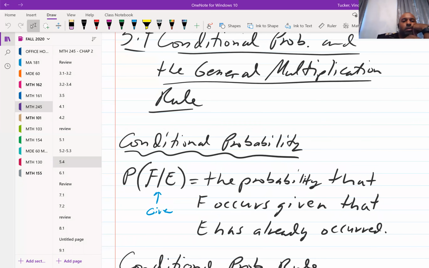All right. So here we have the probability of F given that E has already occurred. That's the symbolism there. This long bar in between F and E is going to be the probability that F occurs given that E has already occurred.